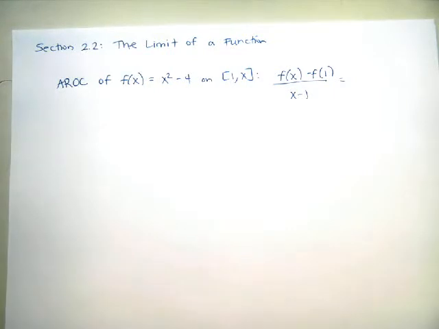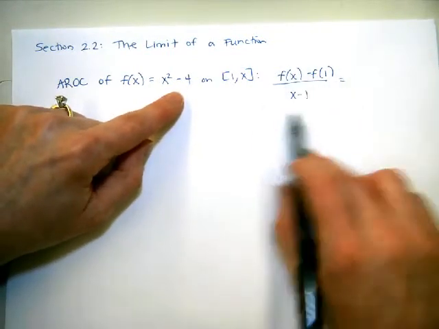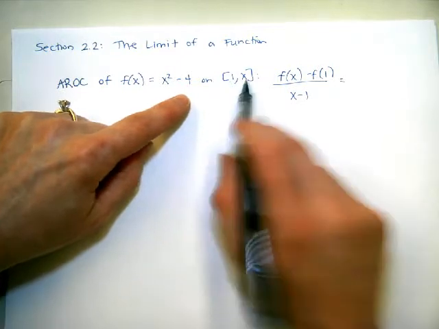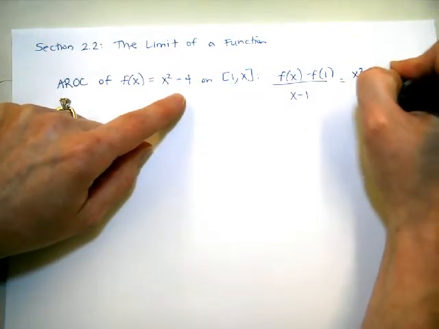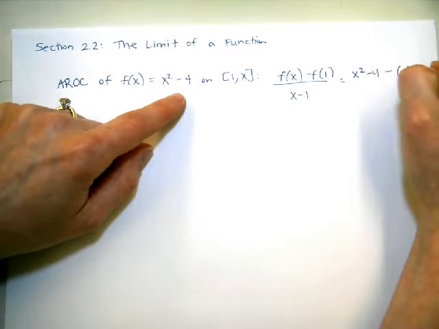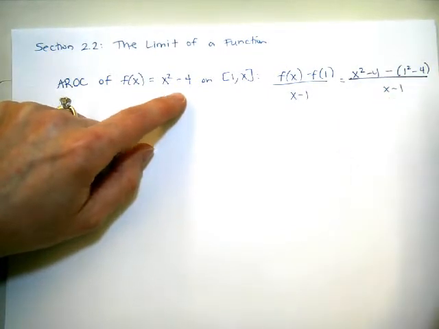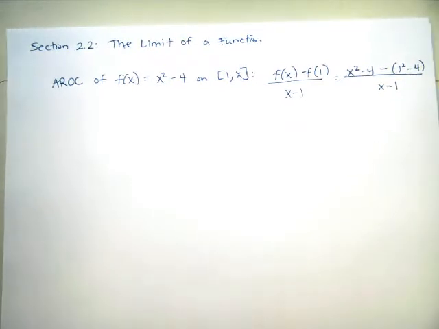So f of x minus f of 1 over x minus 1. Again, this represents the slope of the secant line starting at 1 and ending at x. So f of x is x squared minus 4. f of 1 is 1 squared minus 4. I also want to do this so I can point out some notation because I was going through the boards and I'm seeing some of the boards have horizontal equal signs.